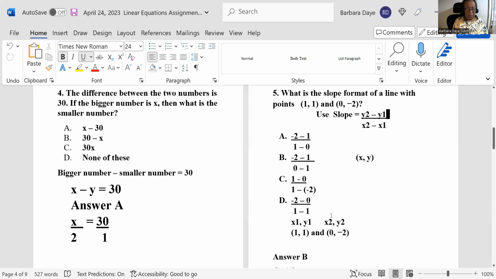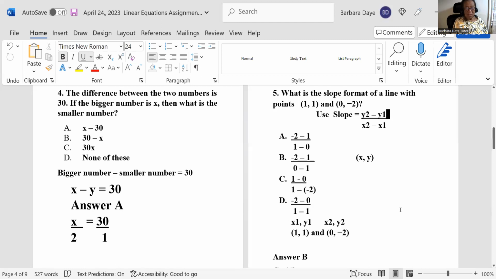There it is right there for my X2, and my X1 is a 1. So the denominator would be 0 minus 1. Because 1 minus 0 would be mixing it up. That's an X1 and an X2, and it's supposed to be X2 minus X1.